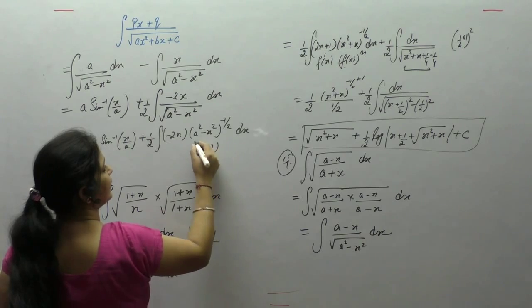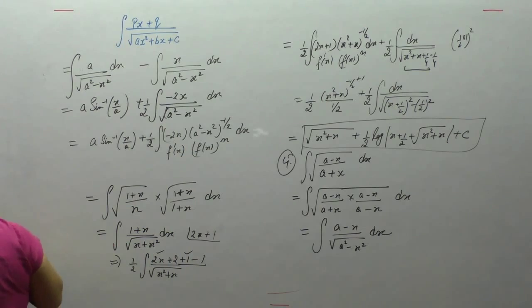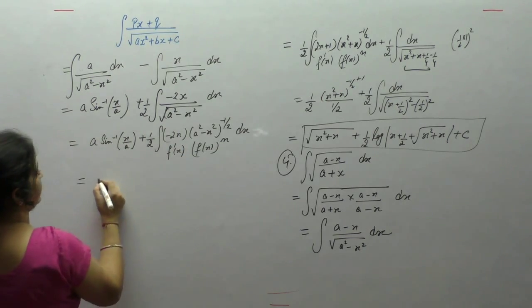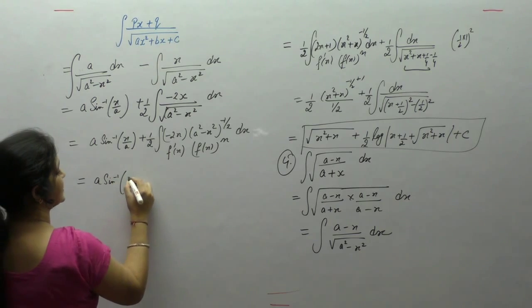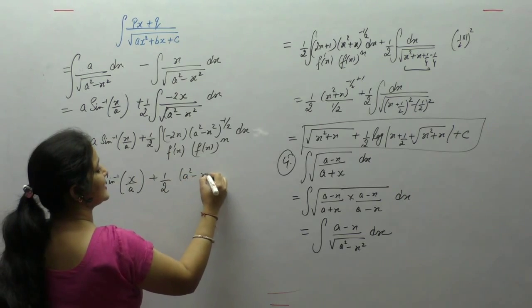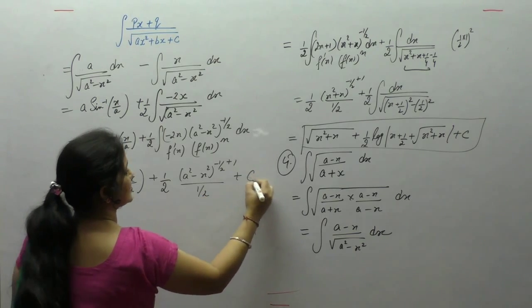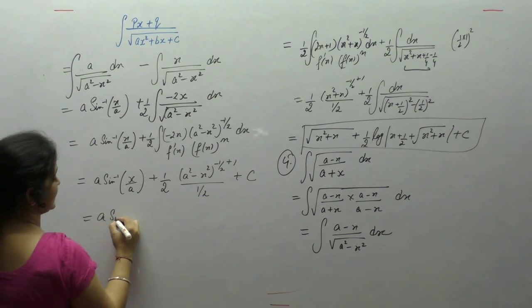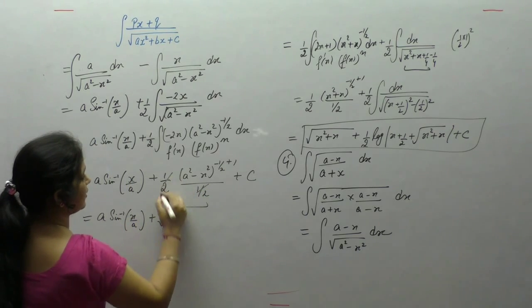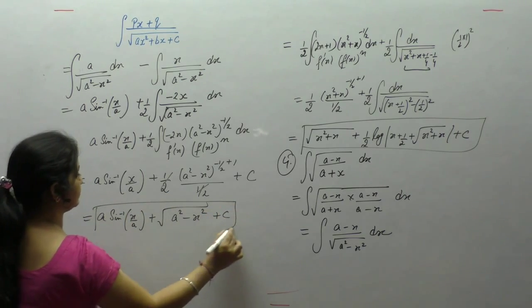This is again of the form integral of f of x power n into f dash x, which is f of x power n plus 1. So we get a sin inverse x upon a plus half (a square minus x square) power minus half plus 1 by 2, plus c. That is a sin inverse x upon a plus square root of a square minus x square plus c.